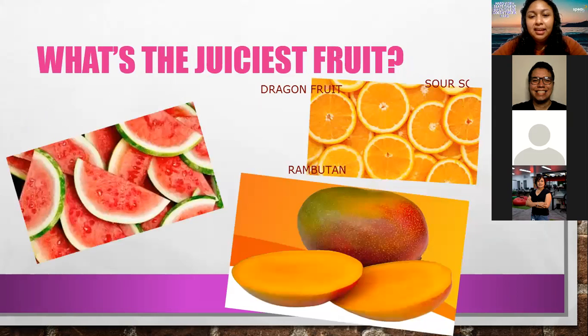Let's see. Okay. All right. Wendy, what's the juiciest fruit? The juiciest fruit is orange. Good. I would agree with you. Yeah, I agree. We can differ on this one because it depends on the fruit.